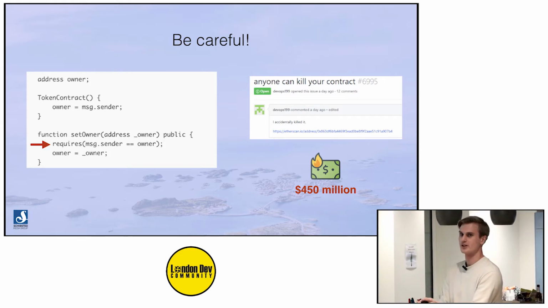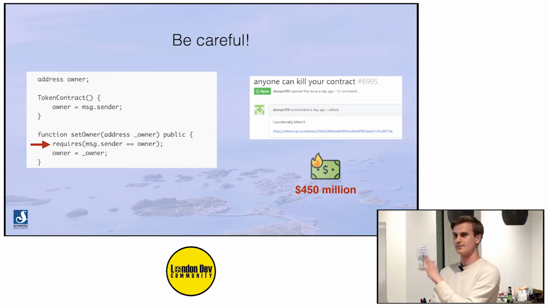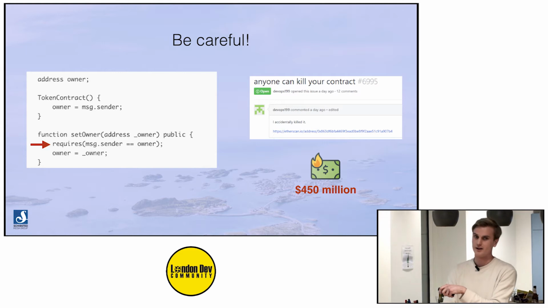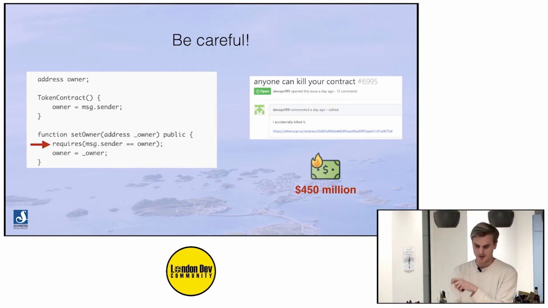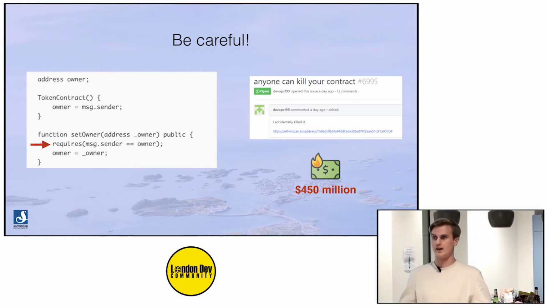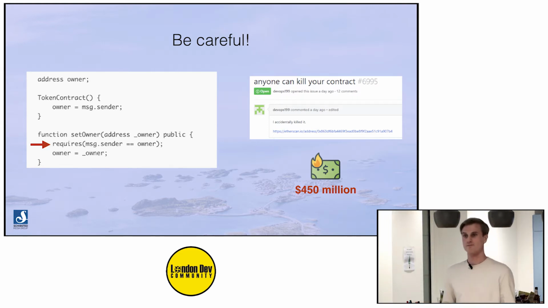And then you can be allowed to set the owner. One project, it's a bit simplified, but they forgot to put in this line. They had a multi-signature wallet controlled by their account. A bunch of accounts relied on a signature from that exact wallet in order to move funds.